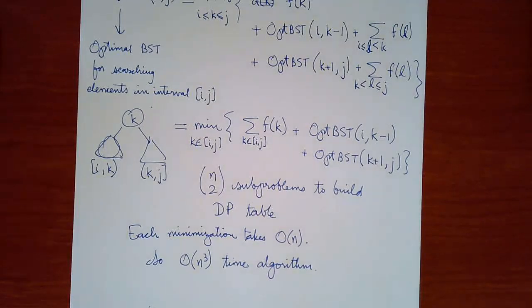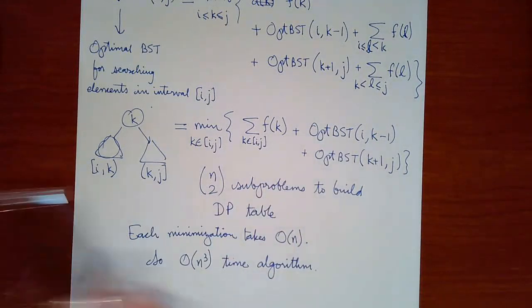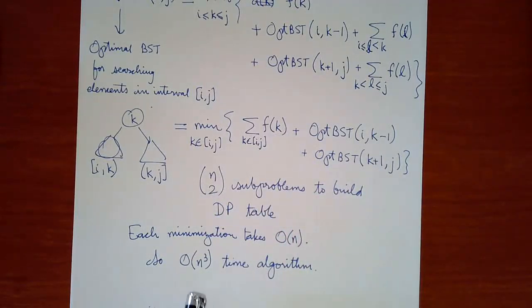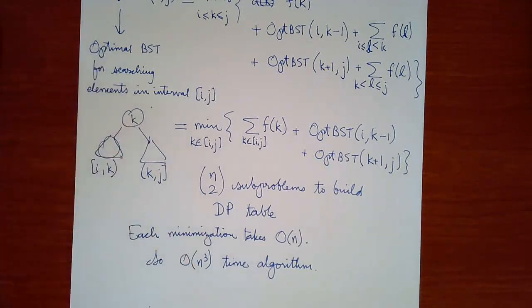Someone asked if this is similar to the matrix multiplication problem. It is definitely related, because you do have this thing of summing up the costs in one interval plus the other interval plus something. So it is very similar in structure. This problem can be solved in less than n cubed because there are further optimizations you can do given the structure of this problem, which is not so obvious in matrix multiplication.